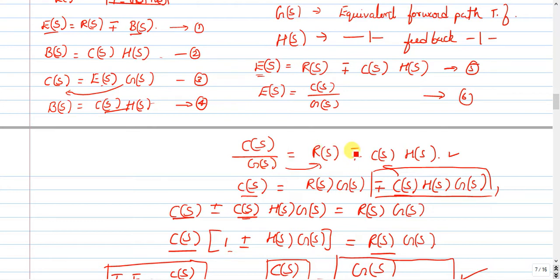In case it is having a negative signal, let me erase this and consider I will have a negative signal here. So what will happen? I will transfer this complete minus C of S H of S, this part which I have made in bracket, to the RHS.